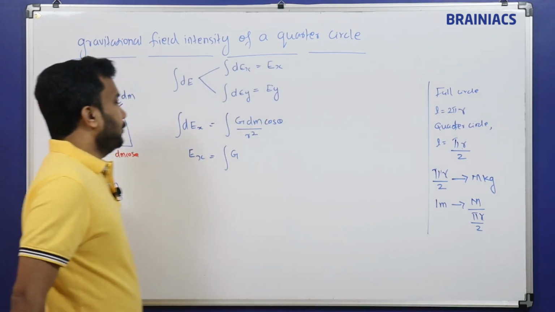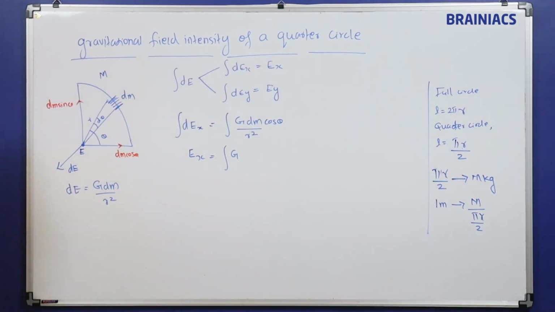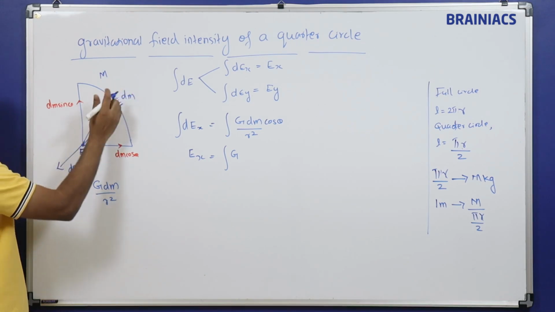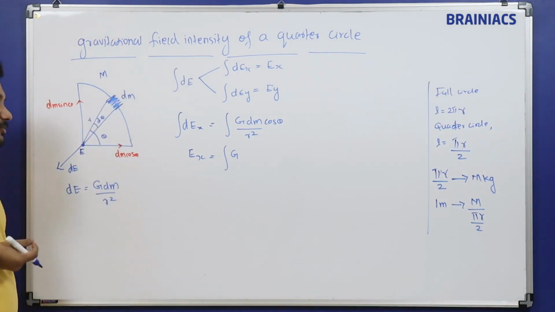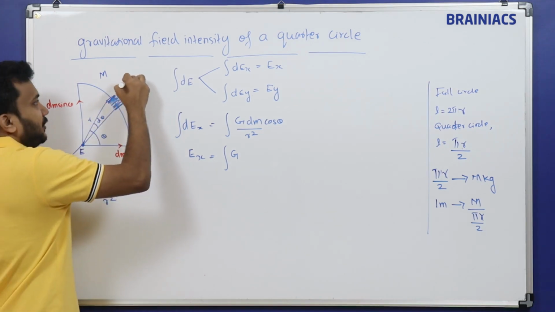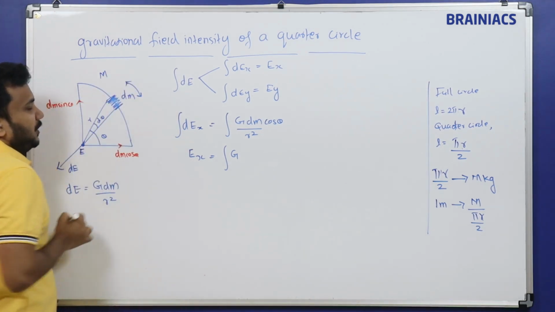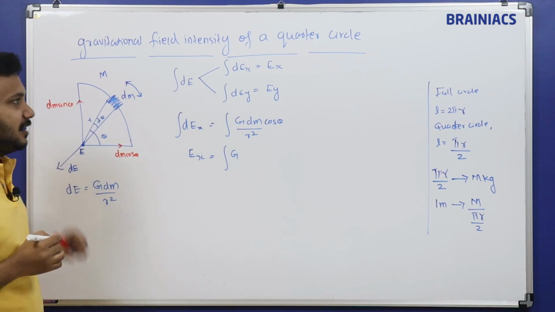So for dm, it's the mass of this piece of length. Only this piece of length has the mass dm. What is the length of this piece? This small piece is an arc.